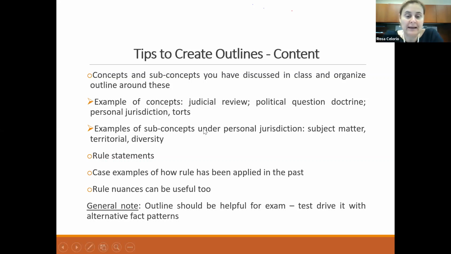The other thing about outlining, the outline should be helpful for your final exams. We do offer practice exams. Like for example, in fundamental issues in US law, I have one practice exam, a midterm practice exam, and we also do a practice exam in legal research and writing one at the end of the semester. It is a good idea to test your outline in those practice exams.